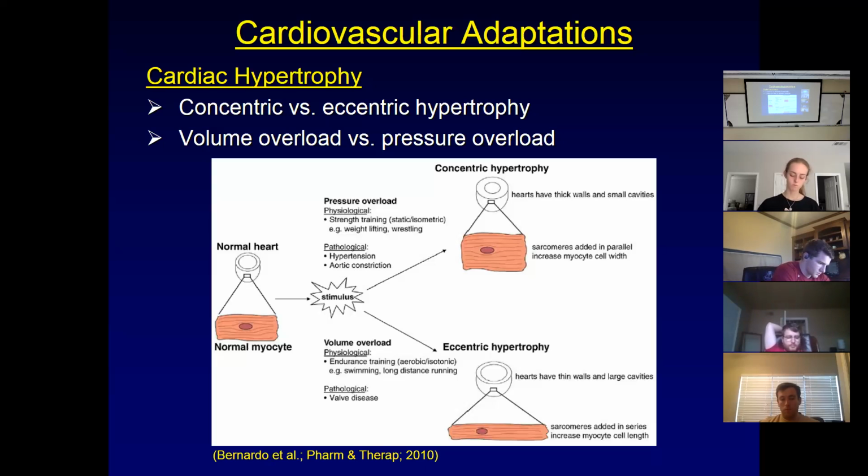So this is a good adaptation because we're stretching the heart as it gets overfilled. The other kind is in some ways a poor adaptation because we have high blood pressure and the heart has to work really, really hard.